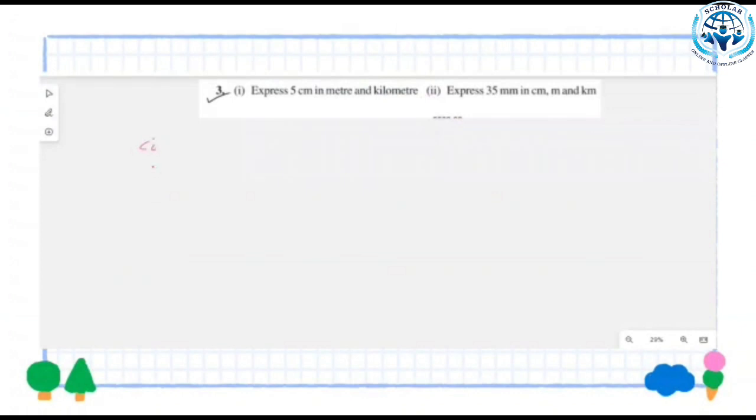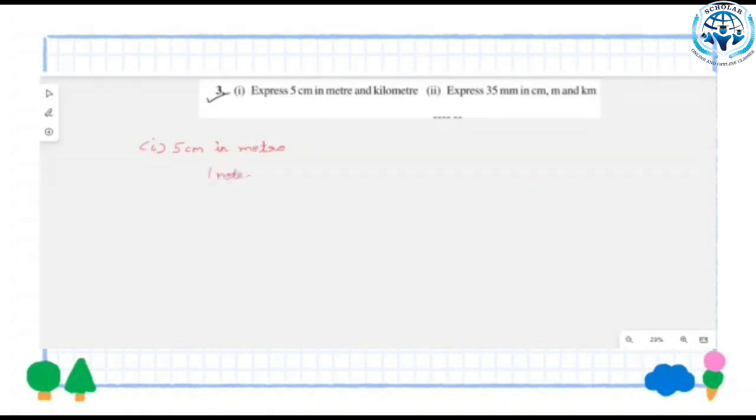Question number 3. The first one, express 5 centimeter in meter and kilometer. We are converting a smaller unit into a larger unit. That means we have to put decimal. 1 meter has 100 centimeter.